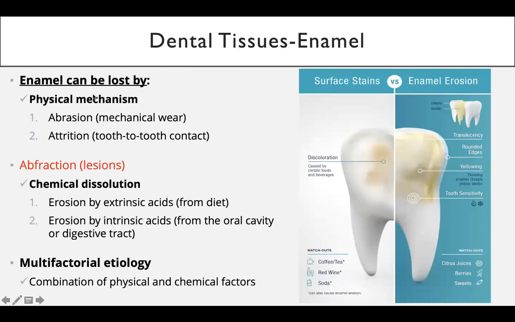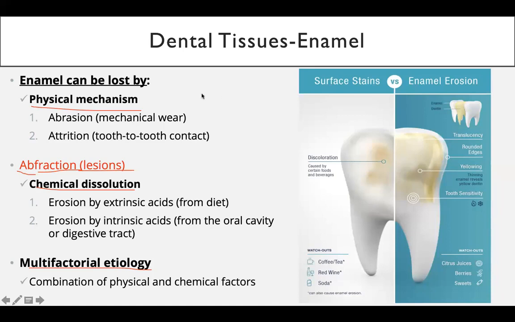Enamel, continue. Enamel can be lost by physical mechanism. And then there is chemical dissolution, with lesions also known as abfraction. And then there is multifactorial etiology, which is basically a combination of physical and chemical dissolution. So physical mechanism, abrasion. How is enamel lost by abrasion? By grinding the teeth, or you don't take care of it.